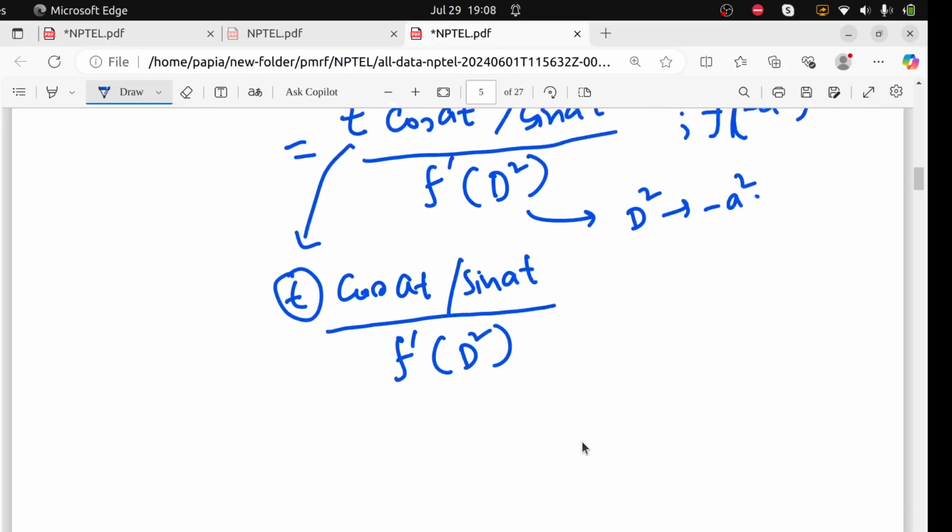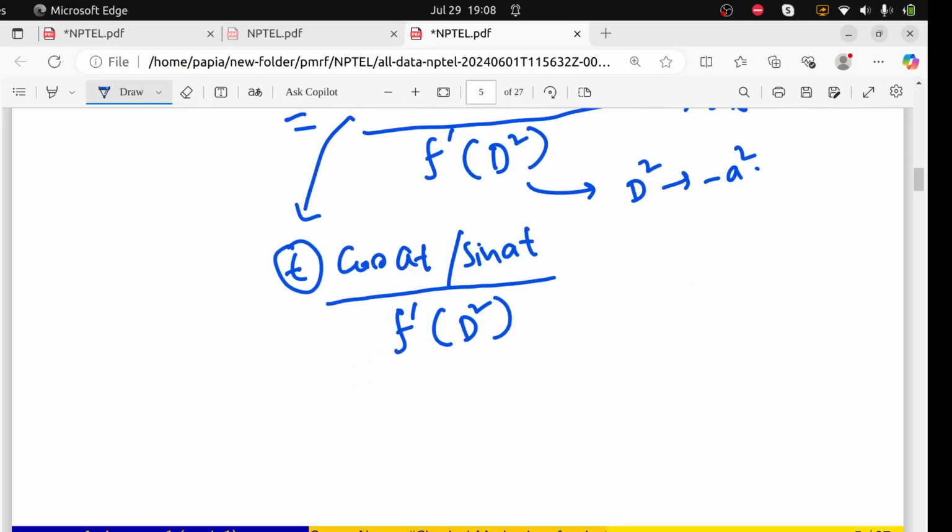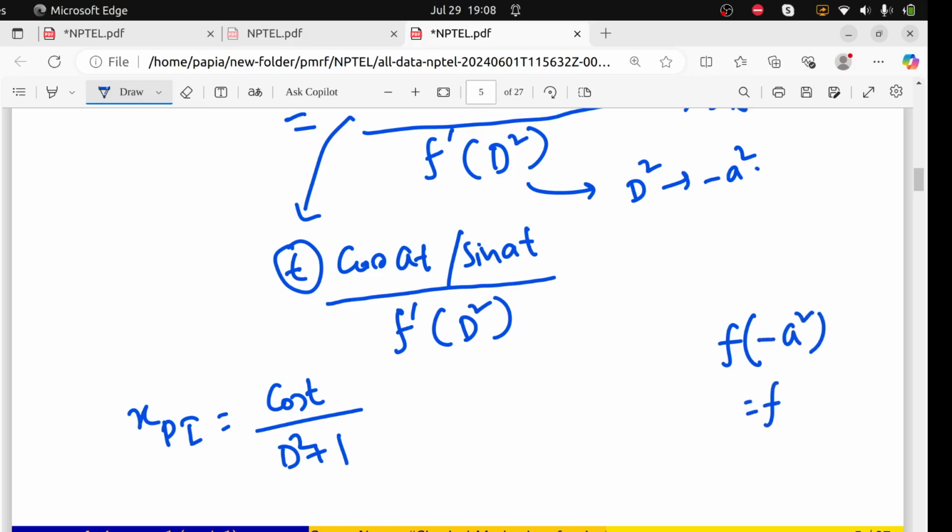Now let me write in my calculation what it was. In my calculation, x p was cos t divided by D square plus 1, right? And I see that f of minus a square, that means f of minus 1, is 0. Because you can see that if I am writing here minus 1 plus 1, it is coming as 0.